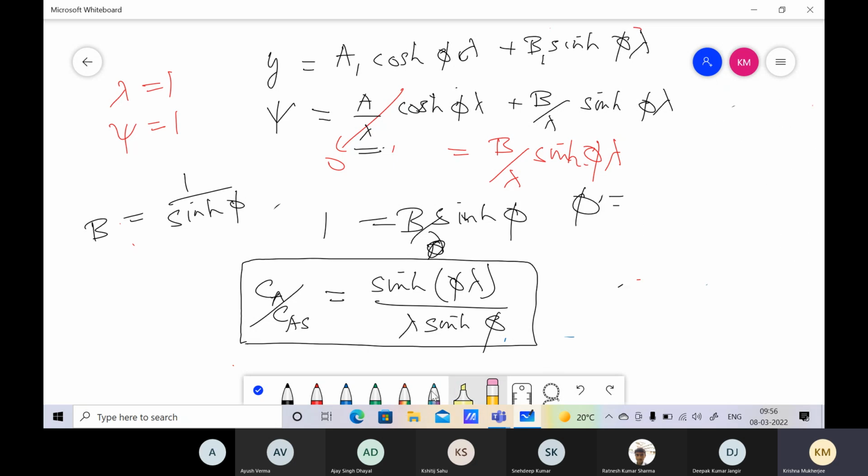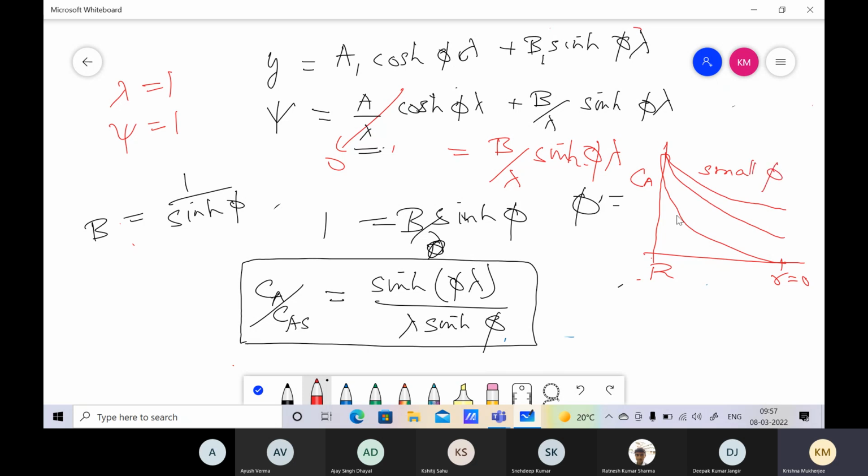So I can say that this is my R. Let me put R here as R maximum and R here as 0, and CA versus CAS, and this is the kind of plot that we are going to get. Now can you tell me which is larger phi and which is smaller phi? So this is small phi, and this is large phi.